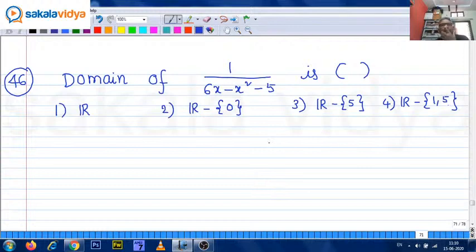This is the question. Now this comes under type 1 problems. First I will discuss type 1 and type 2 problems, after that type 3 and type 4 problems.